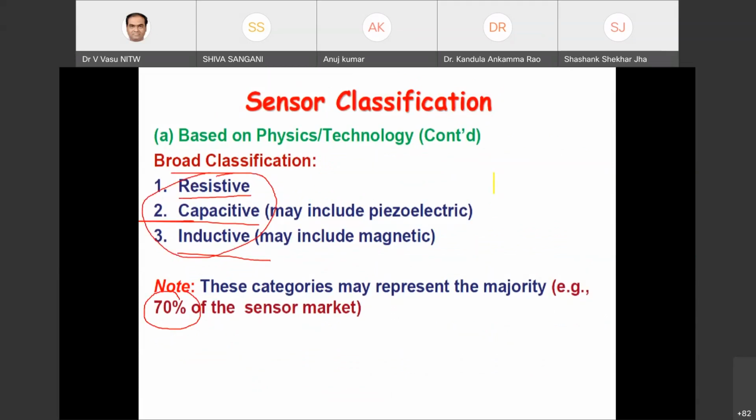They use either resistivity or capacitivity principles. It also includes piezoelectric and inductivity, and the magnetic also. So 70% of the sensors available in the market are based on these principles only.